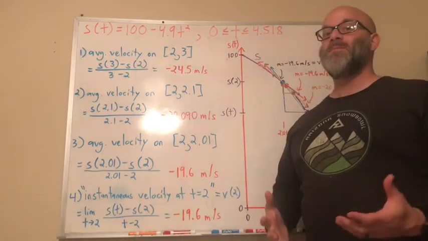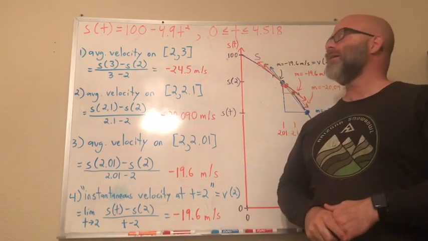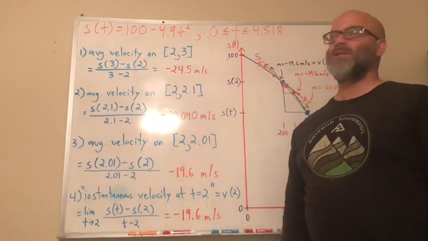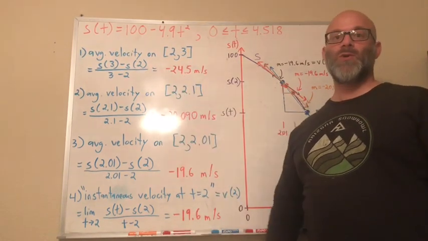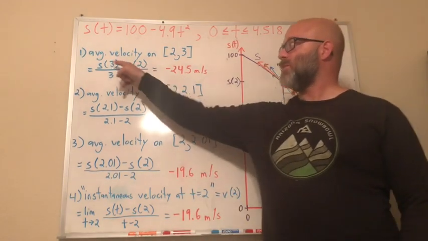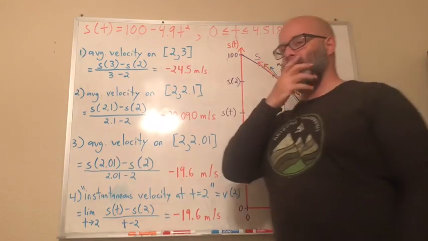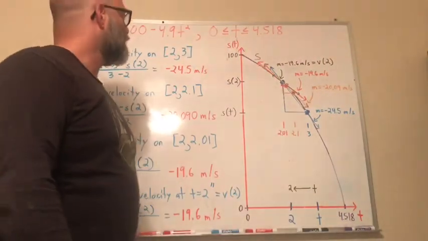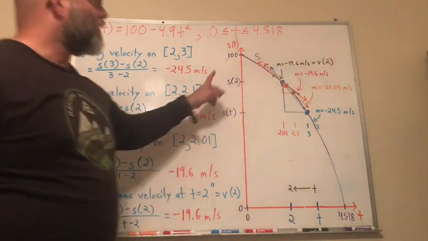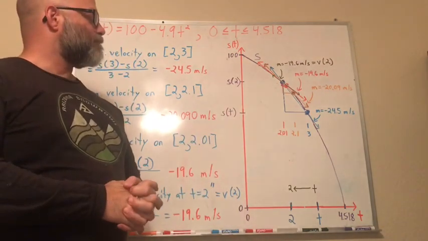All right, so let me run this back for you using the graph. We said that the average velocity from 2 to 3 is given by this difference quotient right here. A change in position over a change in time is velocity. Let's look over here at this graph.